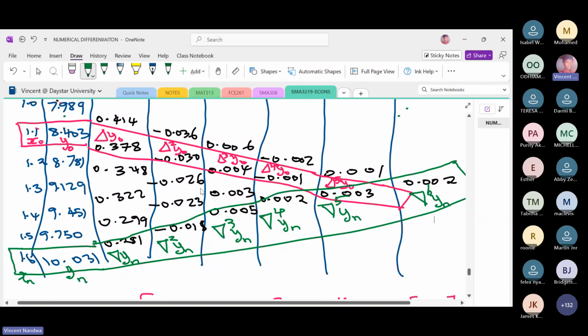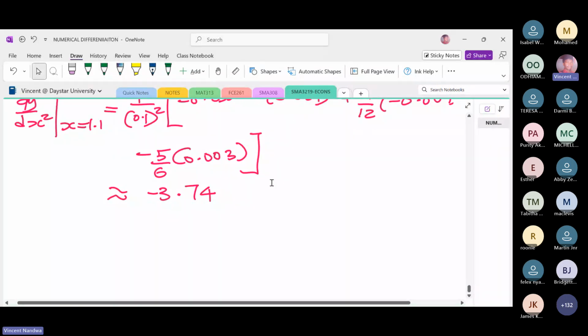So the first step is to write the formula.